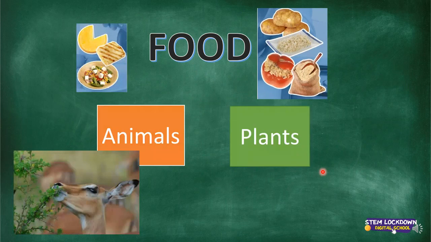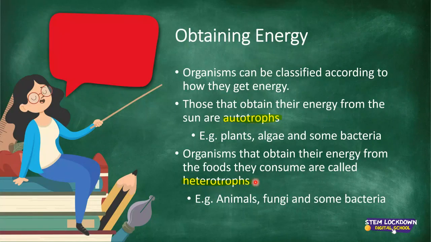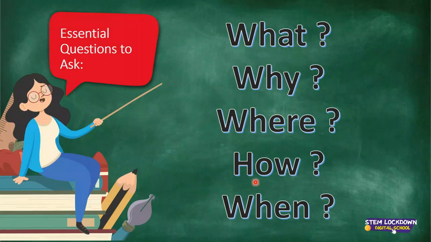Animals require food, plants also require food, and plants make their own food. We spoke about autotrophs and heterotrophs: autotrophs obtain their energy directly from the sun, and heterotrophs get their energy from the food they consume. These were the essential questions I asked you to follow as we go through the lesson: ask what, ask why, ask where, ask how, and ask when.